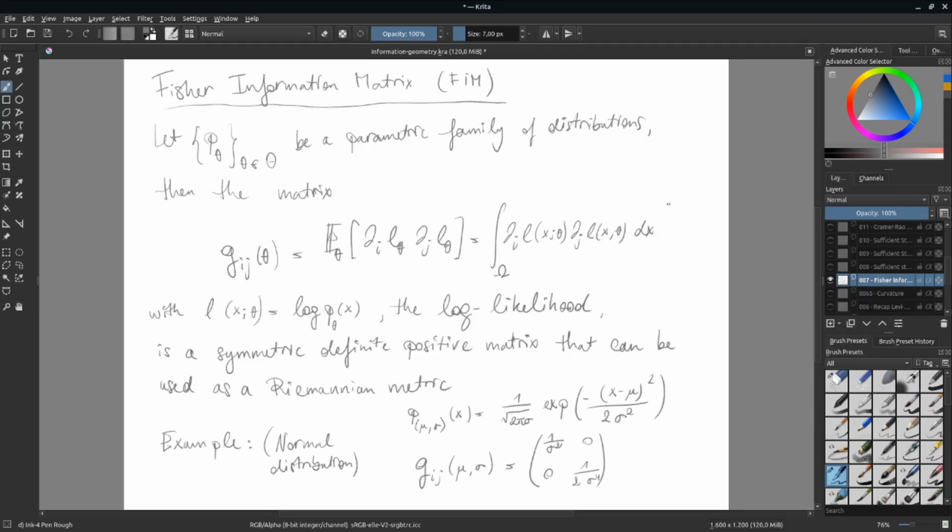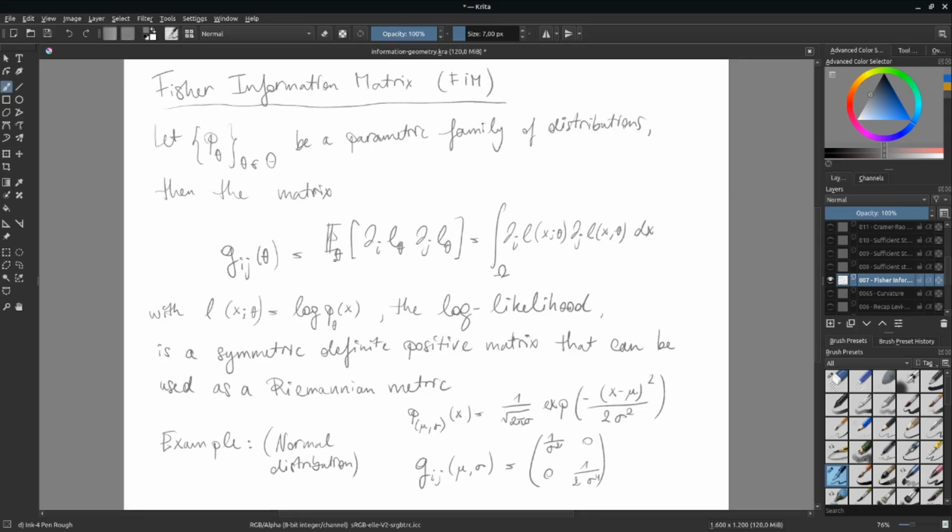Okay, so let's get on to the first example of applying this to statistics. Assume that I have some parametric family of distributions. So theta will be my vector of parameters, and I'll be defining the matrix Gij. It depends on theta as the expectation at theta.